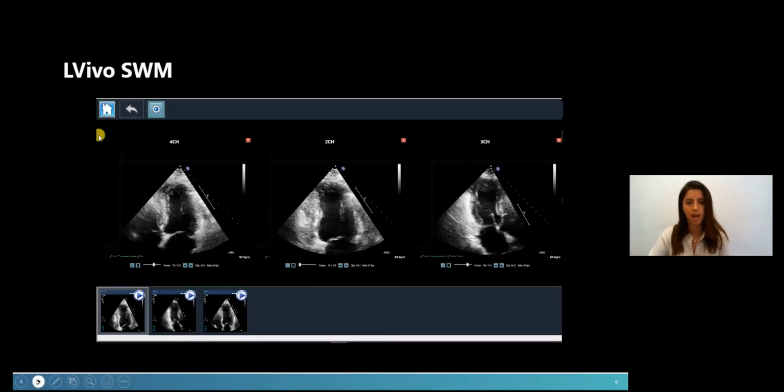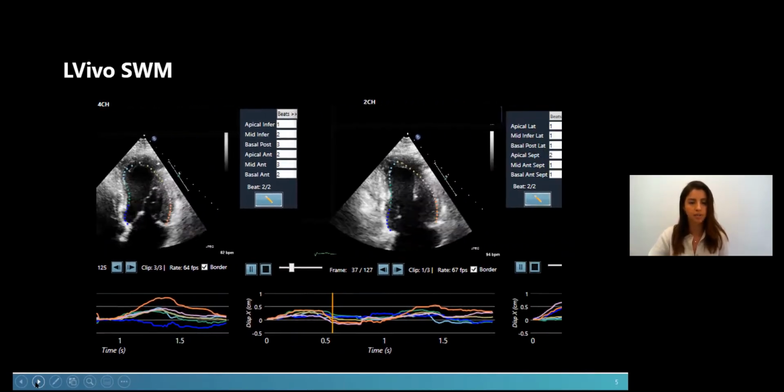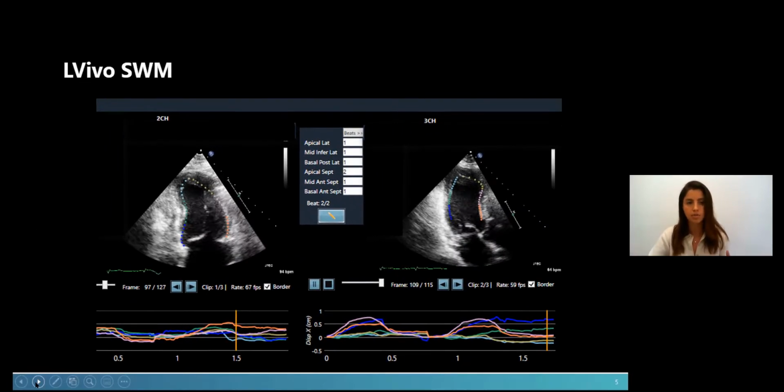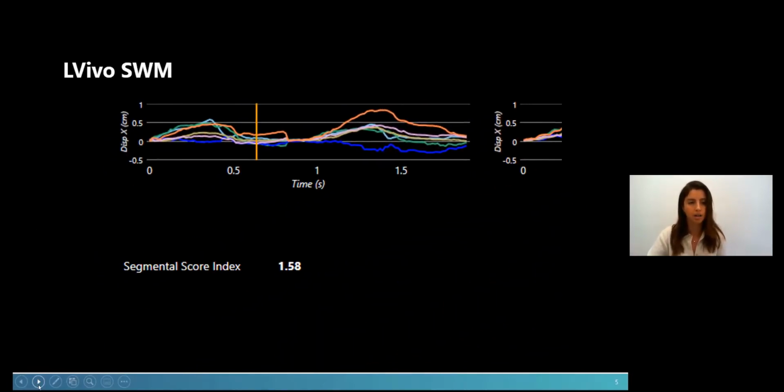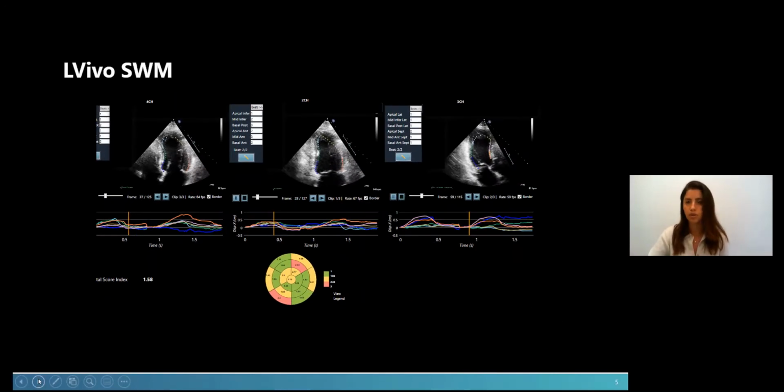We are also planning to add Elvivo segmental wall motion evaluation, which is automatic wall motion evaluation of the 17 muscle segments from the 3 apical views.